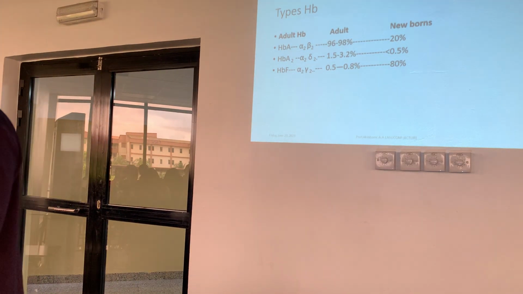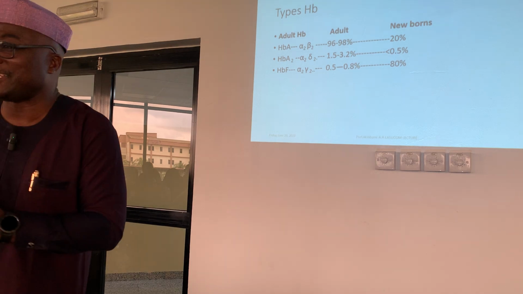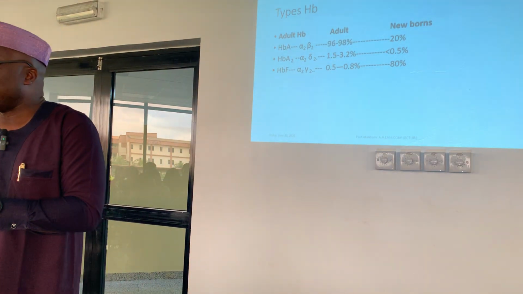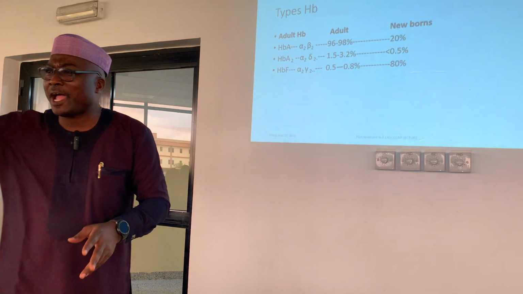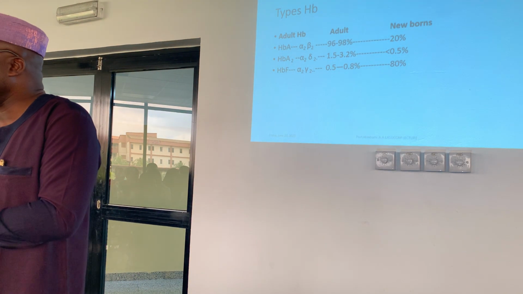Why should it be highest? If I check the hemoglobin of a newborn baby now, I'm going to get hemoglobin F of 80%. You can see it, newborns. Why is it like that? Because F is specially adapted to operate in low oxygen tension. Do you have very high oxygen tension in utero or after delivery?